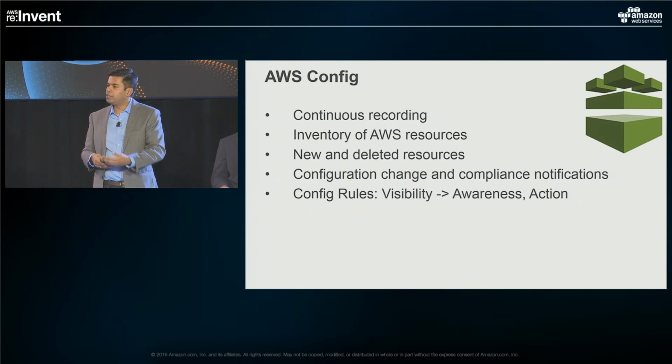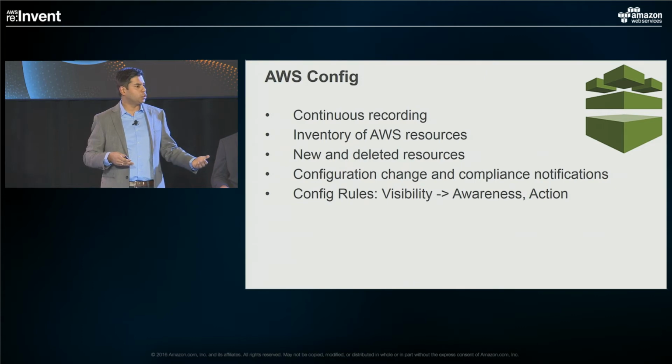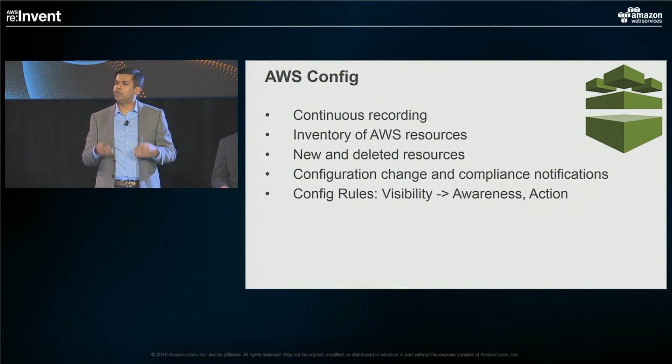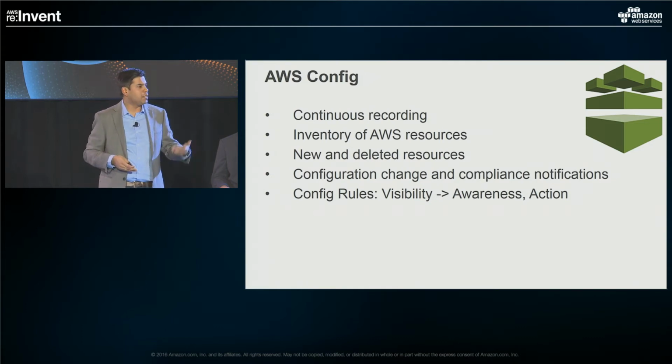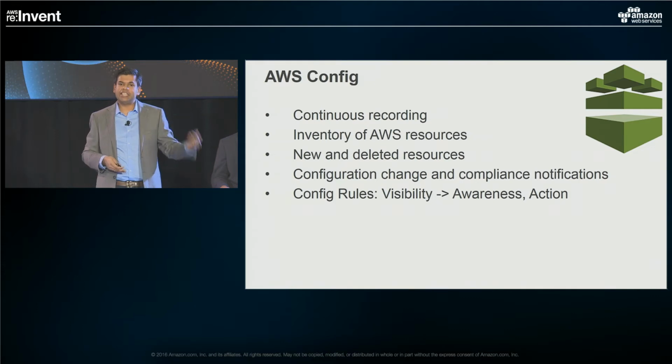Config continuously monitors the configuration changes to resources in Adam's account. This helps Adam also get an inventory of resources within his account, and not just current active resources, but also deleted resources. So if Daisy spins up an instance, deletes that, he can go back into Config and see what instances were spun up by Daisy.